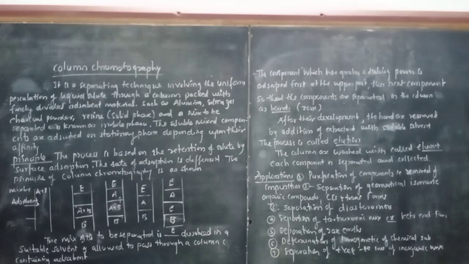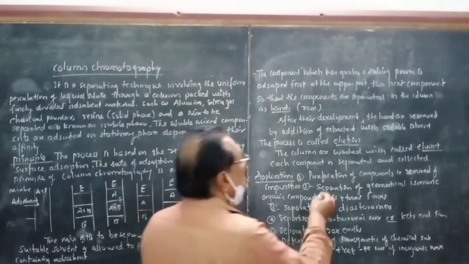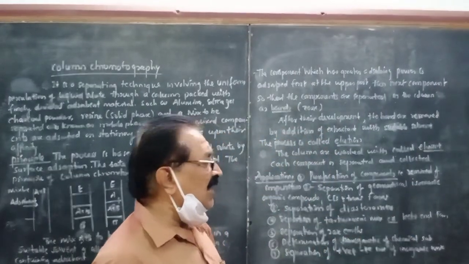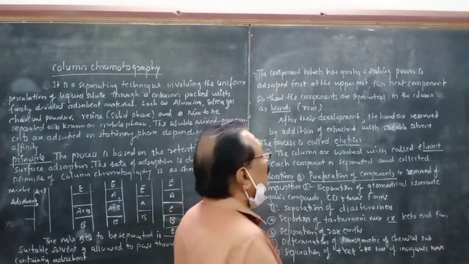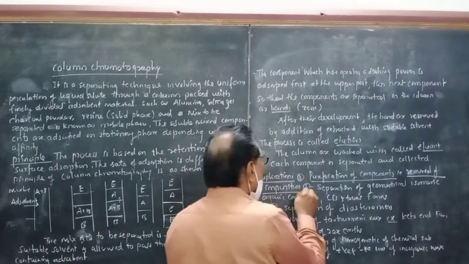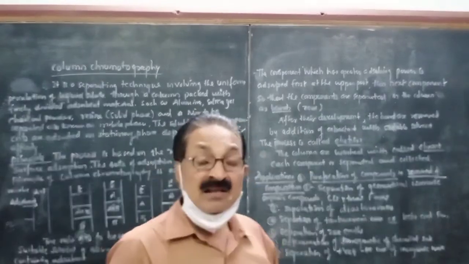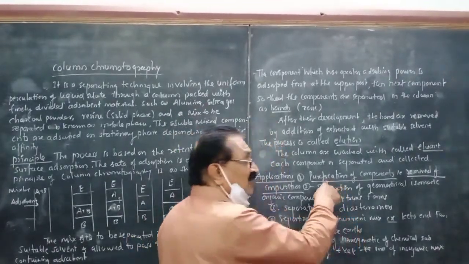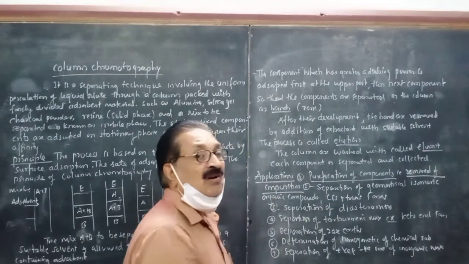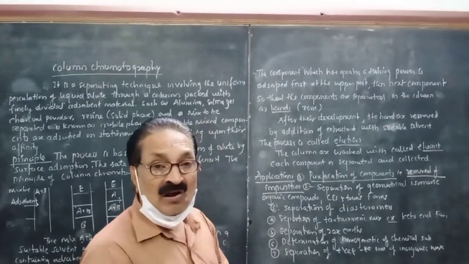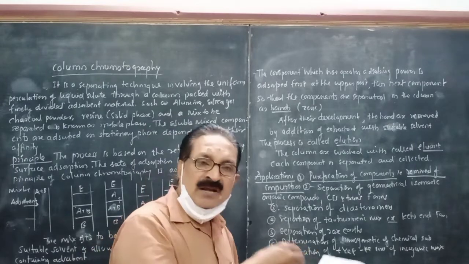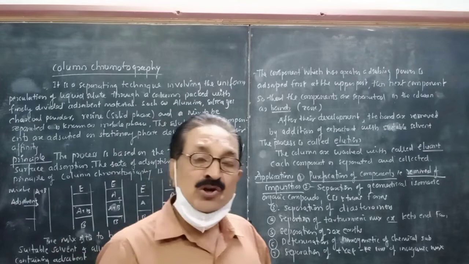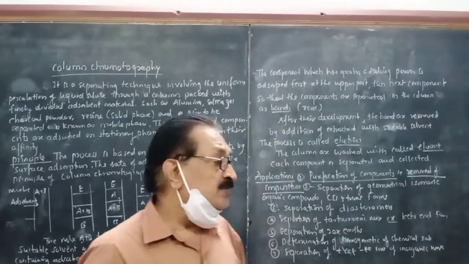The first application is purification of a compound. Whatever trace impurities are present, these impurities are completely retained through the adsorption process so that the compound is purified, and this is one of the applications of column chromatography. Whatever soluble impurities are present in a particular substance, that substance is purified by this process.